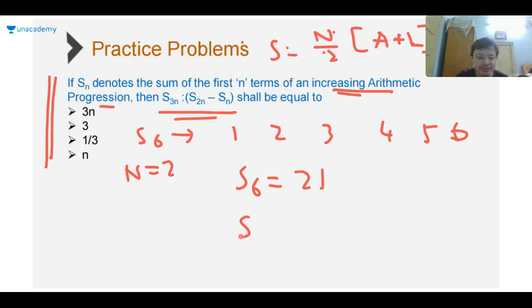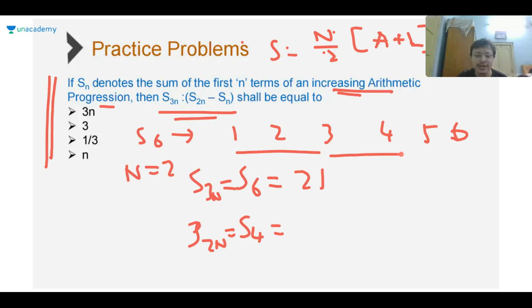The sum of the first 4 numbers, that is S2n, which is S4, is the sum of 1, 2, 3, and 4, which adds up to 10. Similarly, Sn, which is equal to S2, is 1 plus 2, which is equal to 3.